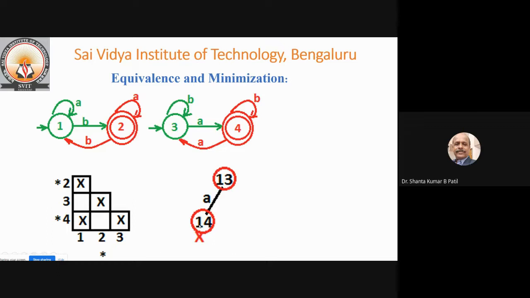Once you get the leaf node 1 4, locate it in the difference table. 1 4 has a cross. If any leaf node has a cross, you stop the construction of the tree and decide that the two DFAs are not equal.